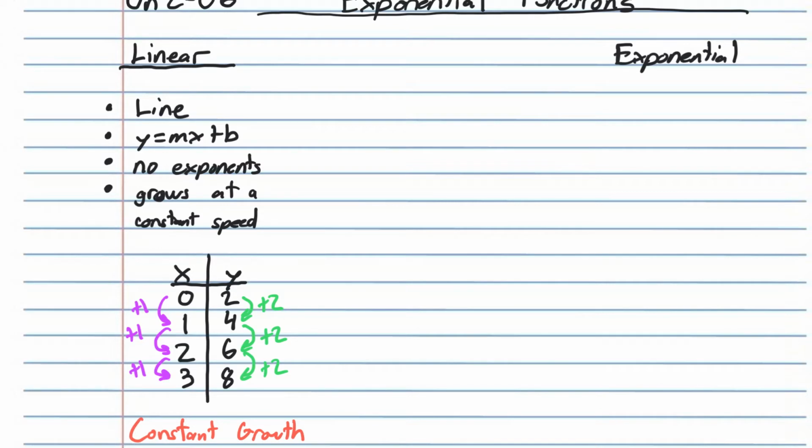Okay, now let's take a look at exponential. This is what a good chunk of this class, Algebra B, is about. Since it's not linear, it can't be a line, right? So exponential, when we graph these things in a couple videos or so, you will see that these are curves. So no longer straight lines.